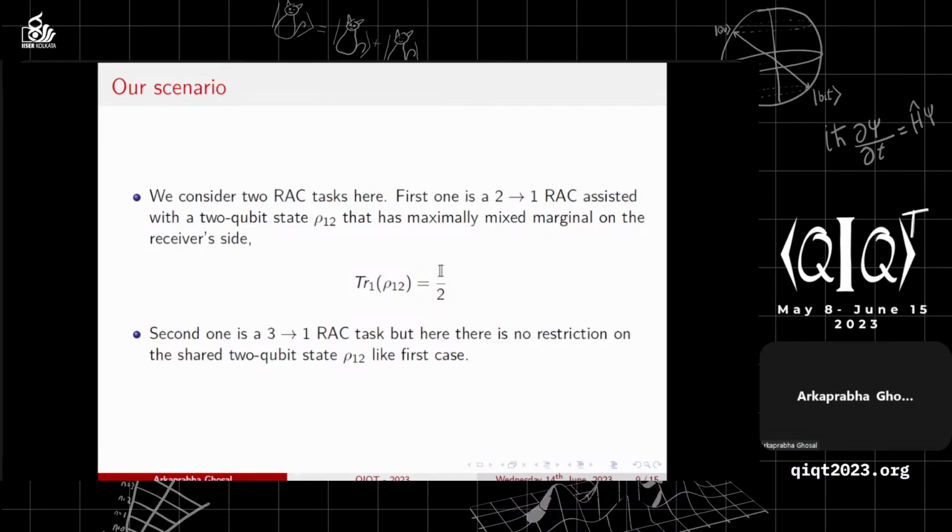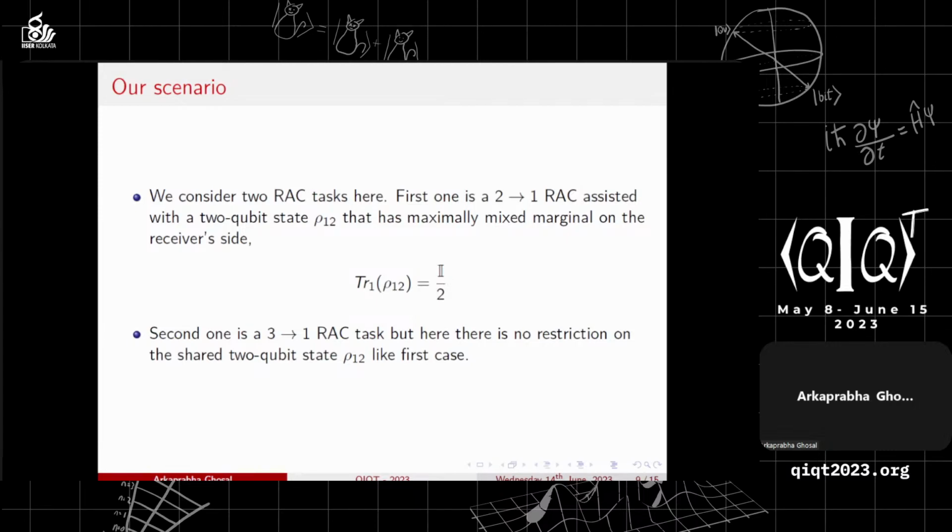The first restriction is if Alice and Bob are playing 2-to-1 RAC, in that case, the marginal at Bob's side has to be maximally mixed. That means if they initially share this state rho_12, then if I discard Alice's part, Bob's part will be in a maximally mixed state.